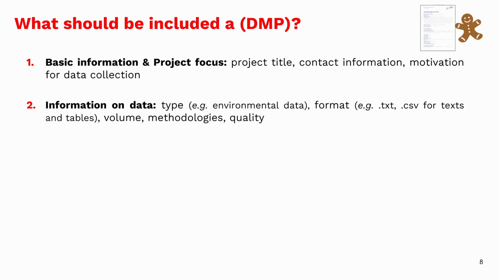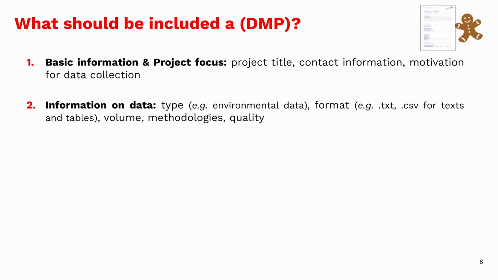Besides the project focus and the basic information, you should be able to provide information on the data that will be collected, on the type of data, and on the file formats that you will follow. Hopefully, always open formats when possible, because we are trying to aim for open science. Also the approximate volume of data. An approximation is good. This matters for the future for archiving in repositories.